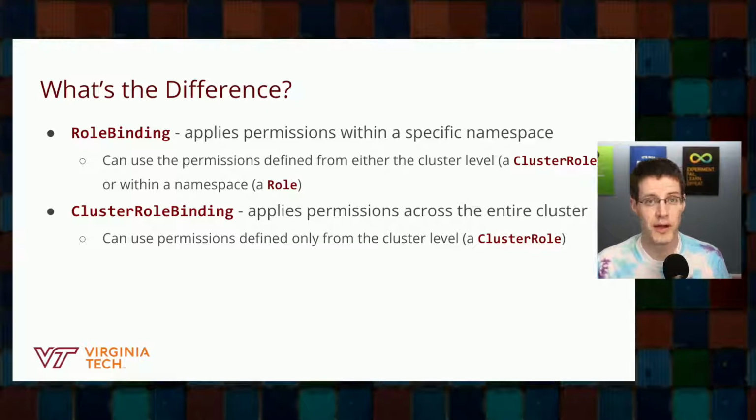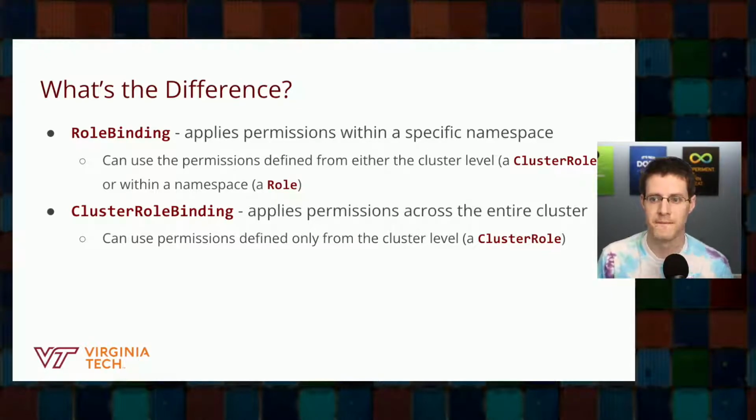A cluster role binding will then say, I'm going to grant this permission across the entire cluster, so across all namespaces. For example, if I wanted somebody to be able to see all pods across all namespaces, I would create a cluster role binding that references a cluster role that gives them pod get, list, and watch verbs.